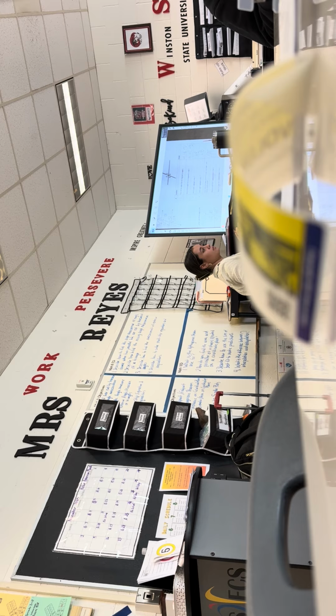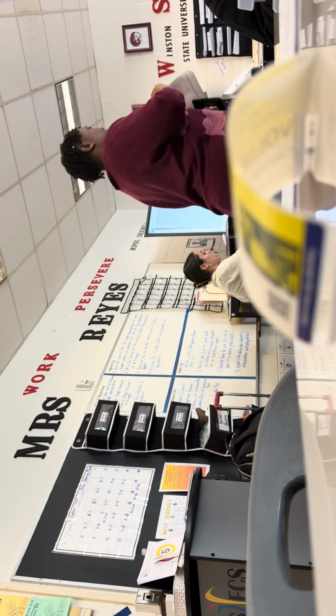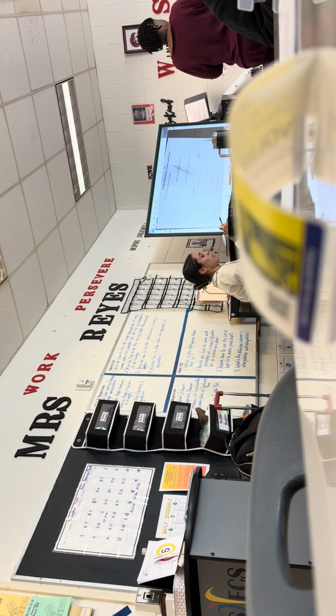Because it's also 180. Right, so remember, for it to be supplementary, they have to share that line. So for B, it would be A and B, because right here we would get that supplementary line, which is 180, but also B and D share a line. So that's where it would be.